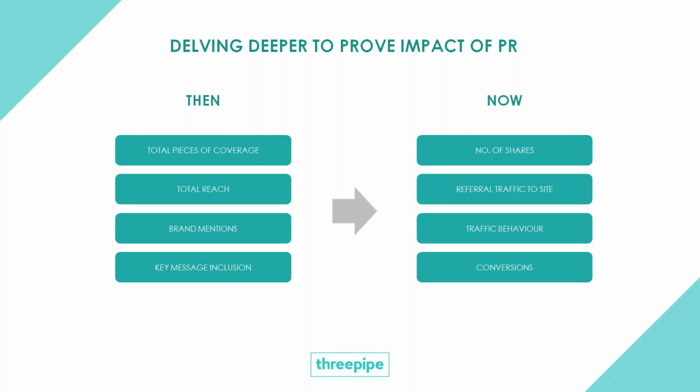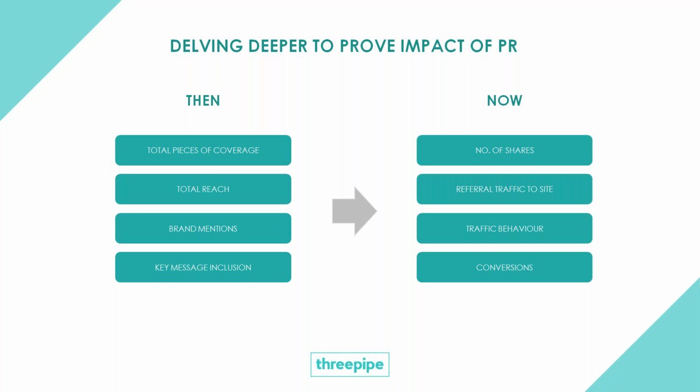So, delving deeper to prove our impact. Thanks to GA, we've now got access to a sophisticated suite of tools that can help us move from the fluffy metrics we've just looked at to more well-considered hard data that actually proves our value, and you can actually show what your work is actually achieving.